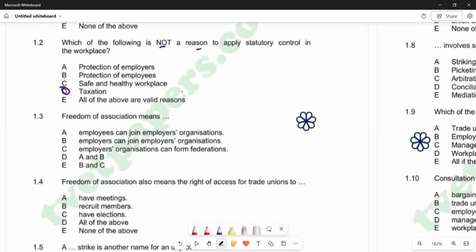Freedom of association means... we know that freedom of association is defined as one of the most basic rights enjoyed by humans. Also, we can say freedom of association can be explained as the right to join or leave groups voluntarily.